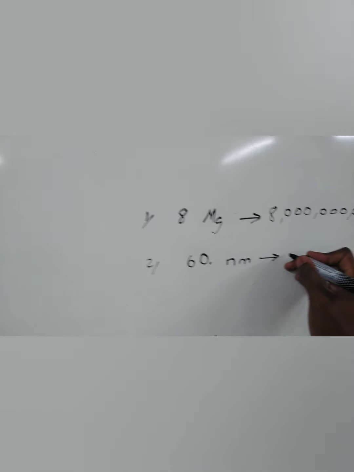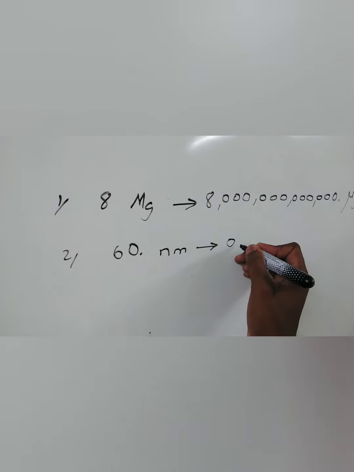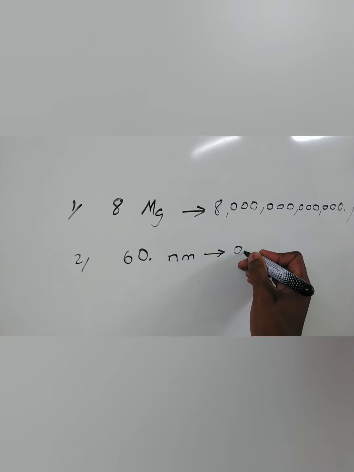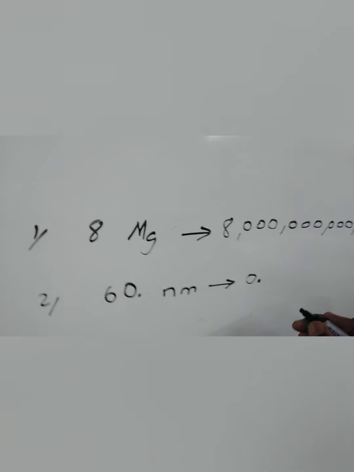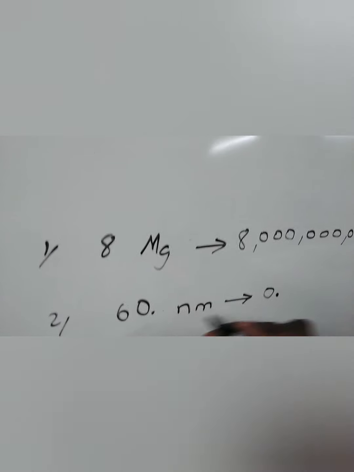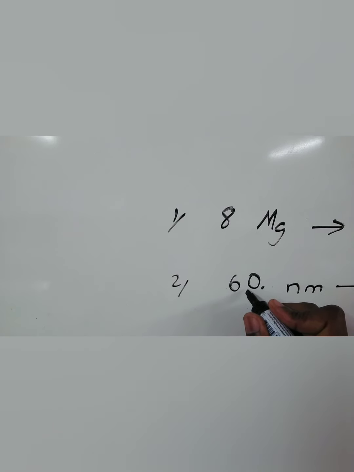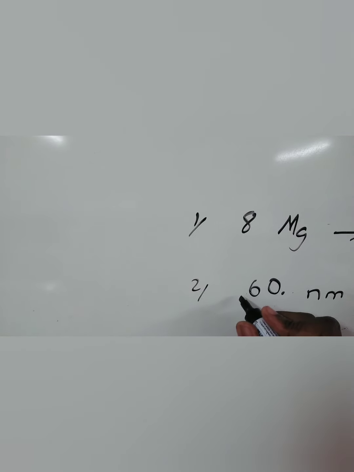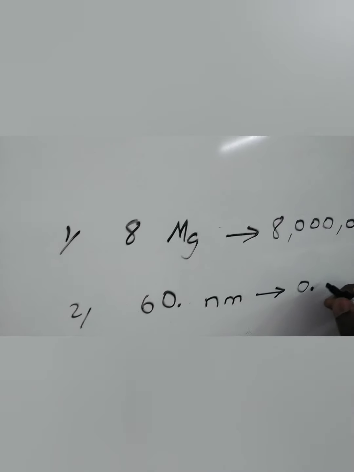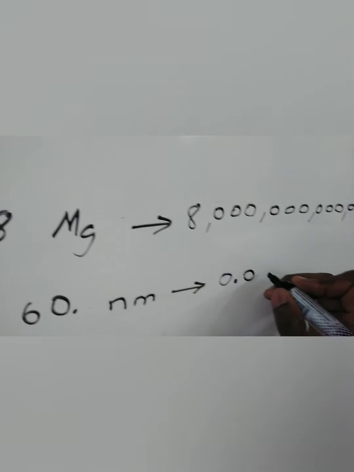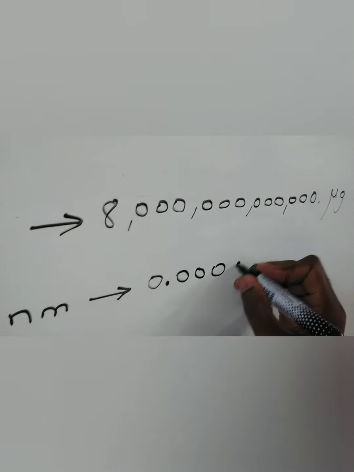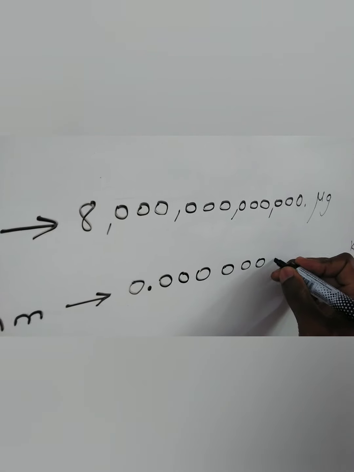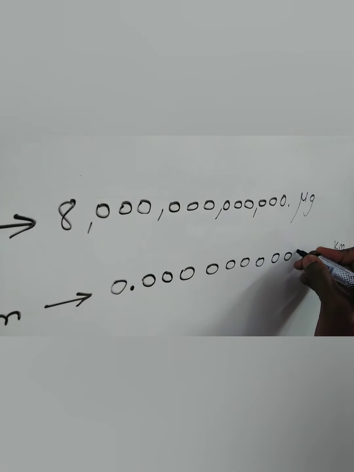So you're going to put 10 zeros. 1, 2, 3, 4, 5, 6, 7, 8, 9, 10.